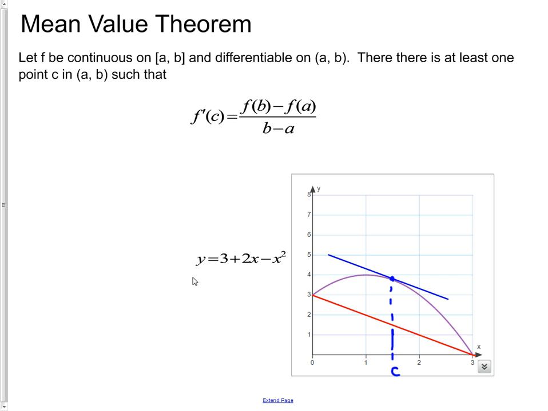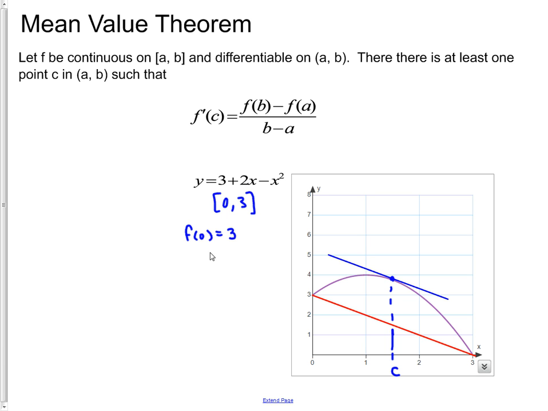So, all right, how could we handle this? Well, let's take a look at this function right here. I've got my function 3 plus 2x minus x squared. And let's say that we do have an interval. We know this is a nice continuous function, being a parabola. It's a continuous polynomial function. And let's look at it on the interval from 0 to 3, which seems like a very nice interval for us, because we know that if we took f of 0, we would get 3 plus 2 times 0 minus 0.